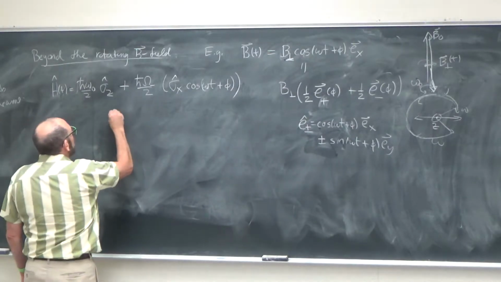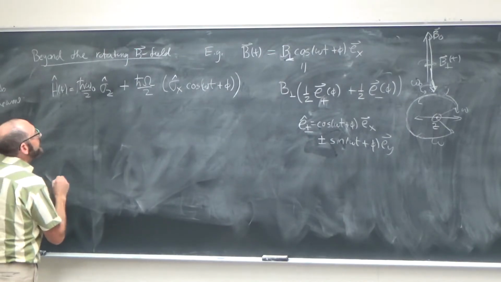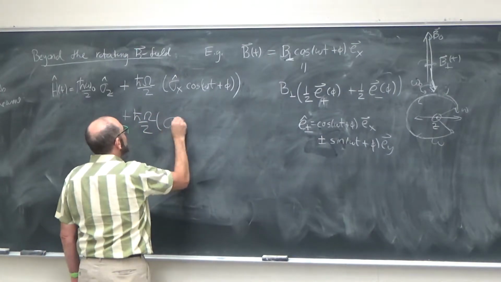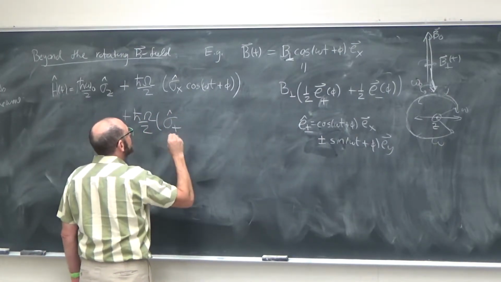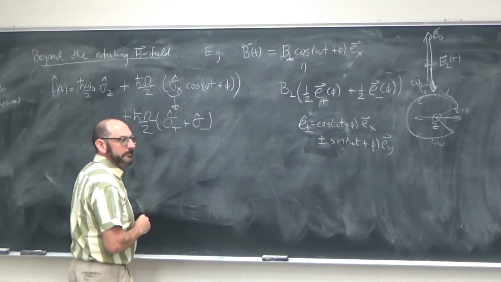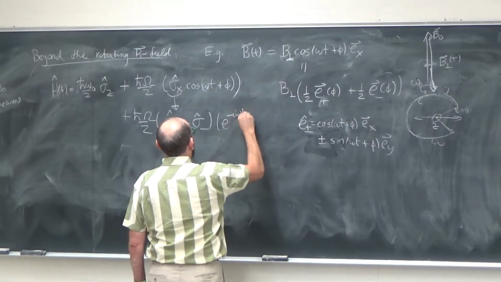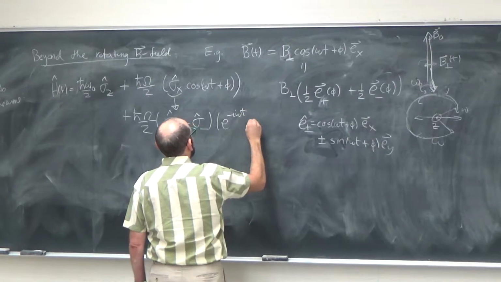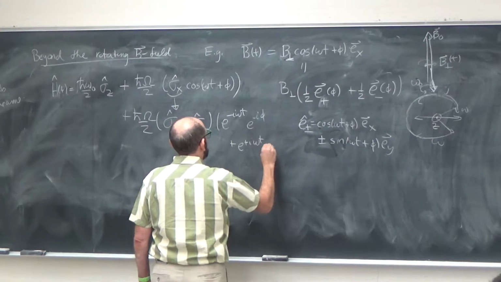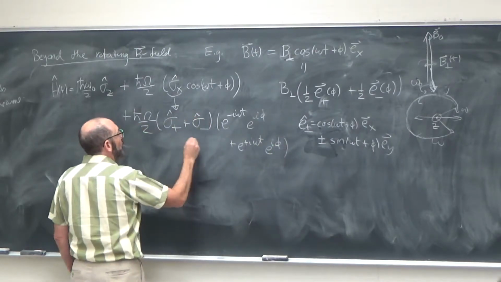So, said another way, let's write this as sigma plus plus sigma minus. That's sigma x. And then I'm going to write this as e to the minus i omega t e to the minus phi plus e to the plus i omega t plus phi, over 2.